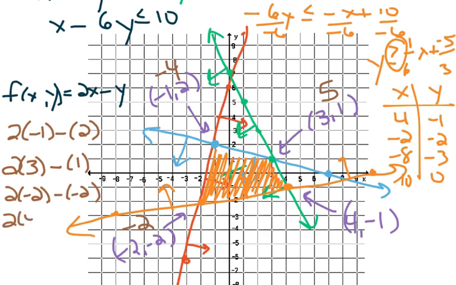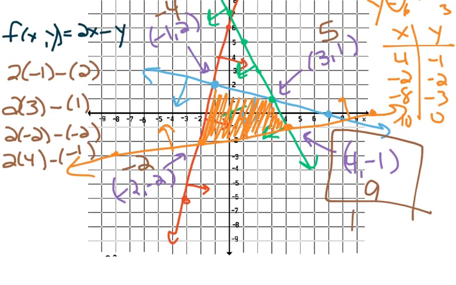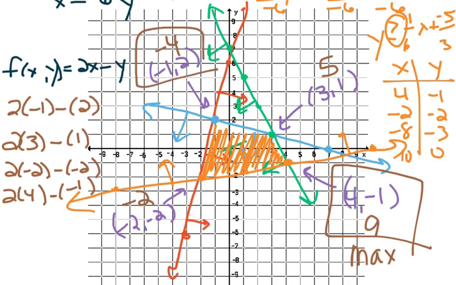So 2 times 4 minus -1 is going to be 9. This is the ordered pair that maximizes the function because it's the biggest number. And this is the ordered pair that minimizes the function because it's the smallest value. So the maximum value is 9 and the minimum value is -4.